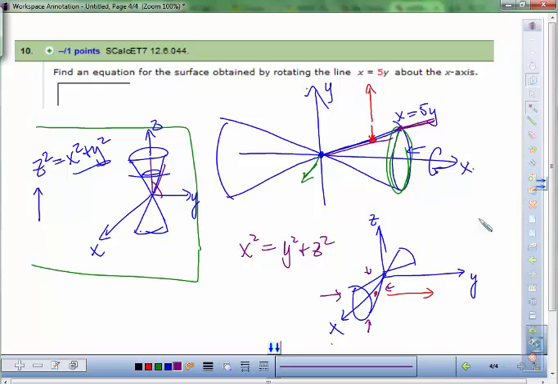So it's a thinner looking cone than what we would normally get. So if we mimic this equation and have a multiplier for the y squared and the z squared, then we would squish that down a little bit. So I guess my only question is, is that multiplier 5 or is it 5 squared?